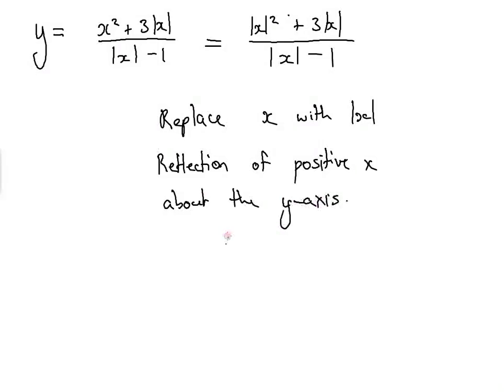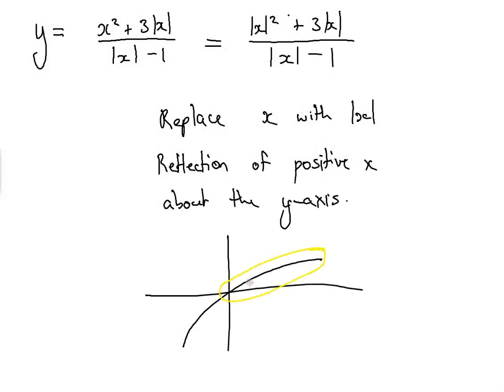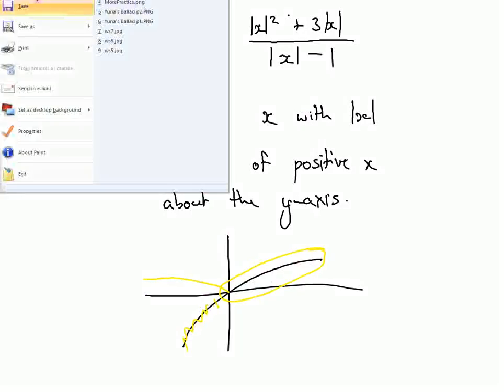What do I mean? It means that if my graph, say, looked something like this, then only this part of the graph here is going to get reflected, and it's going to become like that, and this part we're going to ignore. So, how does this work for our graph?